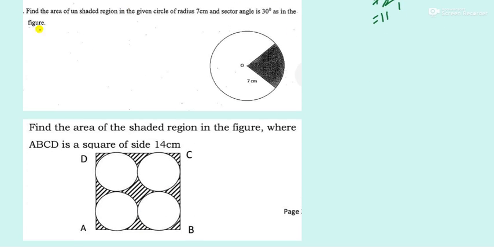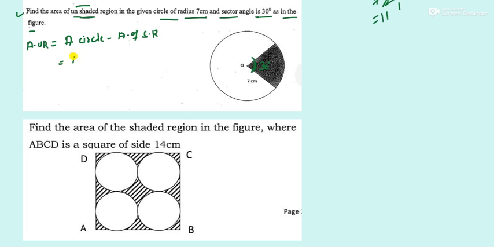Moving to the next question. Find the area of the unshaded region in the given circle of radius 7 centimeter and sector angle, okay, this angle they have given as 30 degree as in the figure. So they have asked for unshaded, not shaded. So total area minus shaded region will give you the area of the unshaded. So area of unshaded region is equal to area of circle minus area of shaded region.